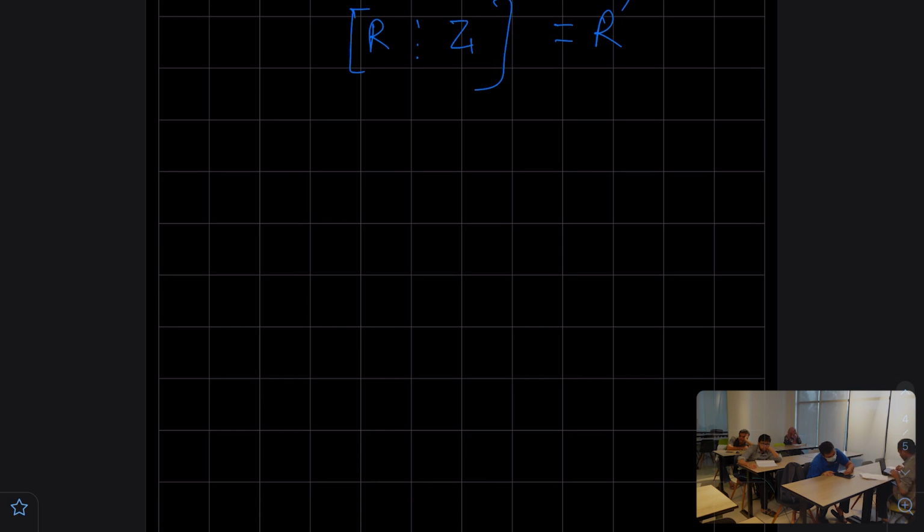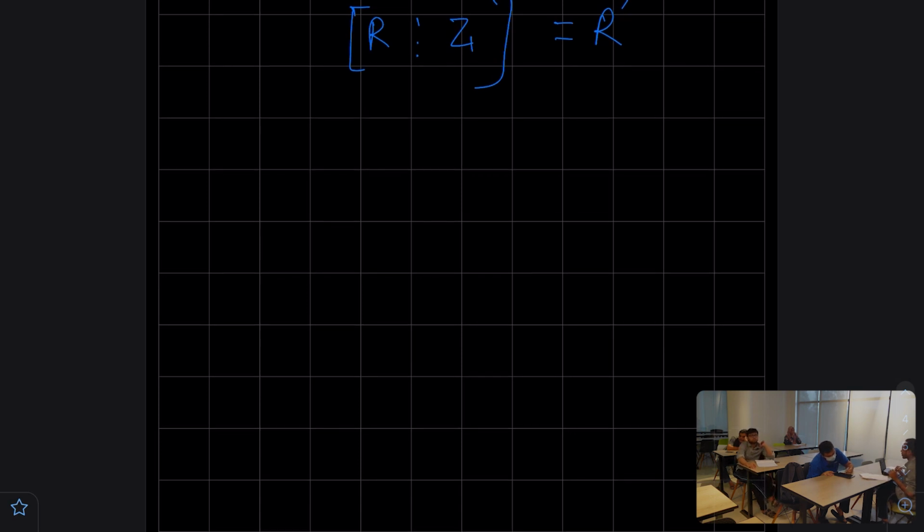So now, as you can see, R is a row reduced echelon matrix, right?